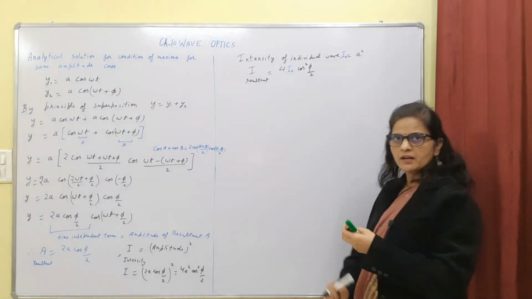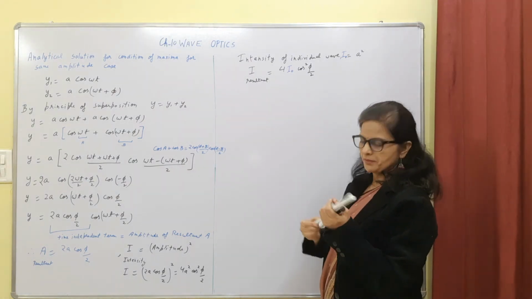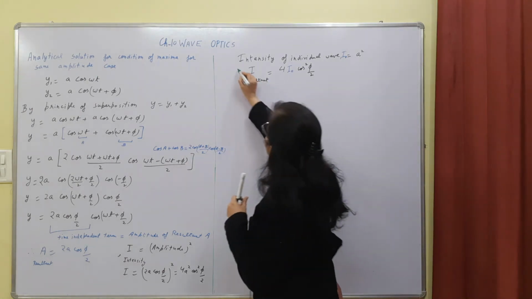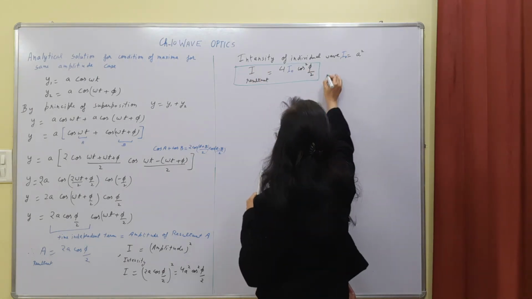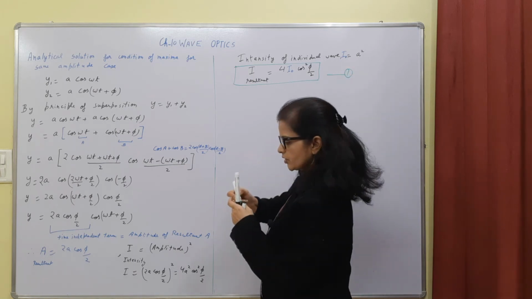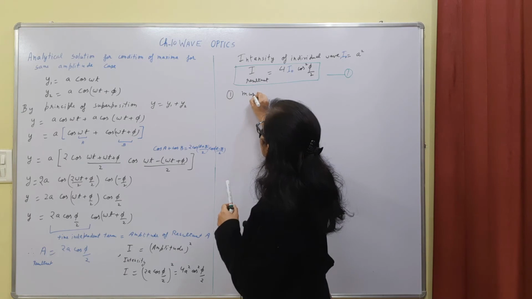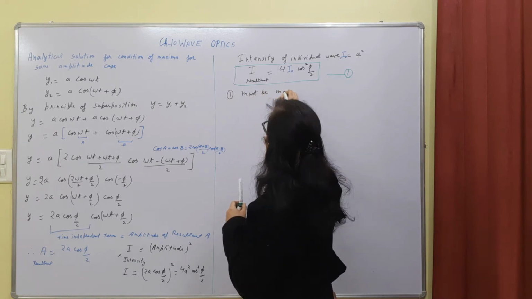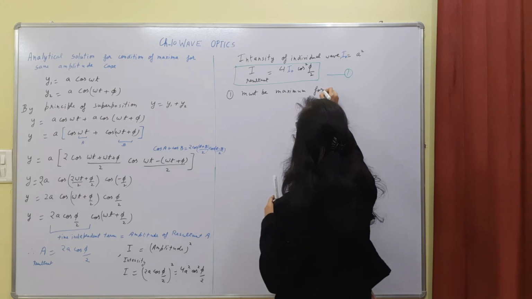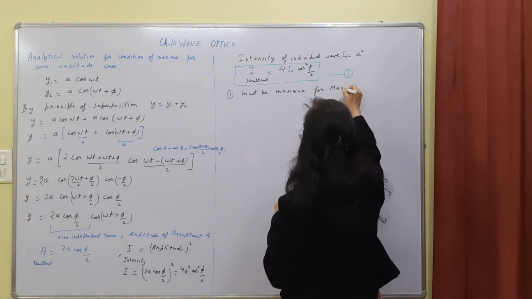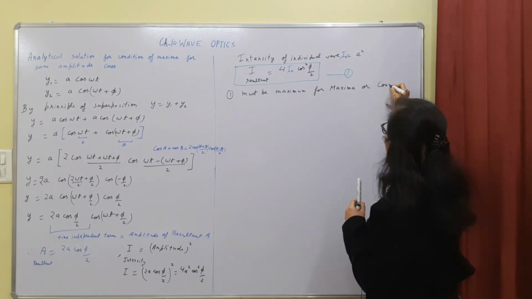Now for maxima, this intensity of the resultant must be maximum. So we can mention it: it must be maximum for maxima or constructive interference.